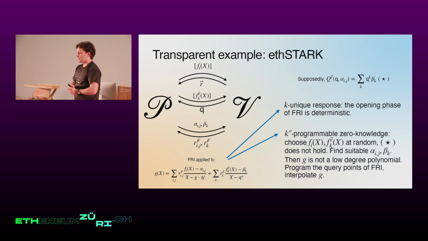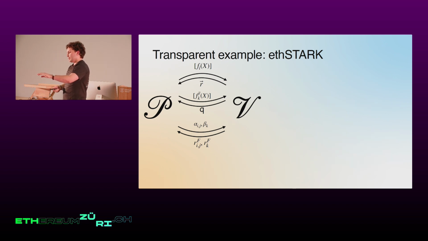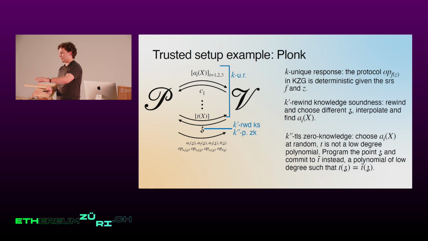And now, if you're very observant, you notice that, for example, in the Plonk case, the way the protocol was set up mattered for how these properties were proven. So KZG gave us unique response. Then we had to interpolate by choosing different evaluation points and so on.